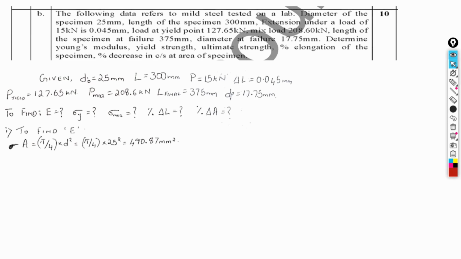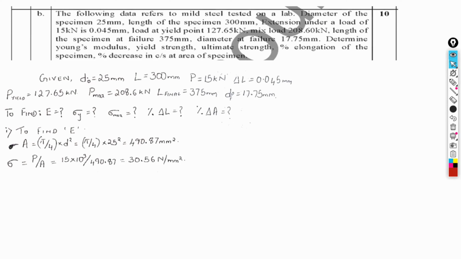First, to find Young's modulus E, we have to know the area of the specimen. So A equals pi by 4 into D square. D is the diameter, 25 mm. So pi by 4 into 25 square, we get 490.87 mm square.